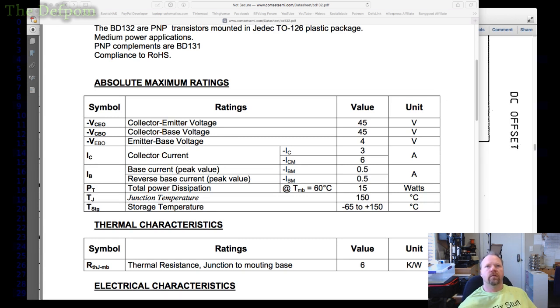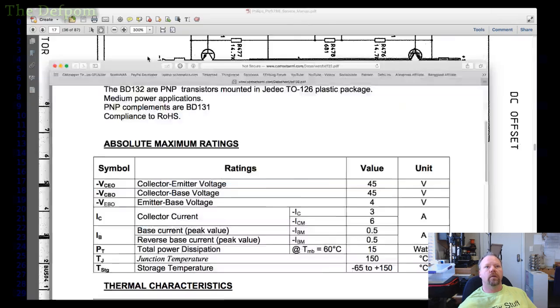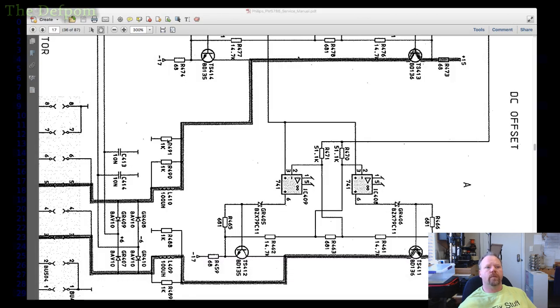I've forgotten now. I suppose I've closed that one, haven't I? Pin 7 is positive, VCC positive.